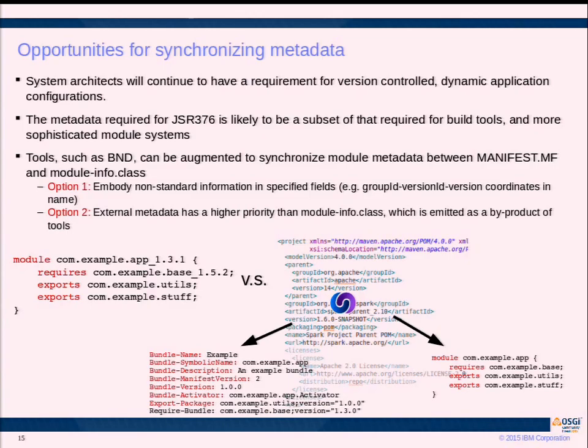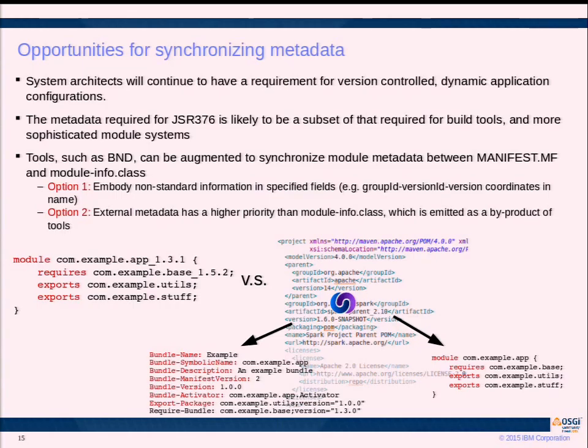And so what we're going to end up with is a subset of the metadata that you actually need being specified in the module declaration. But in fact, the real metadata, the stuff that's actually required for the level of complexity that we have here, is going to be out in some other representation, whether that's a POM XML file or whatever.